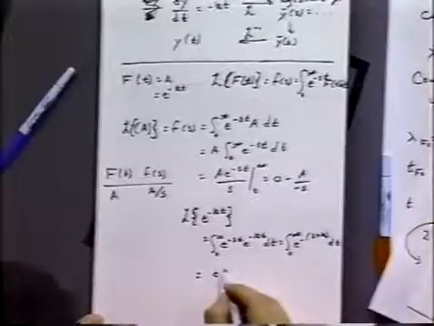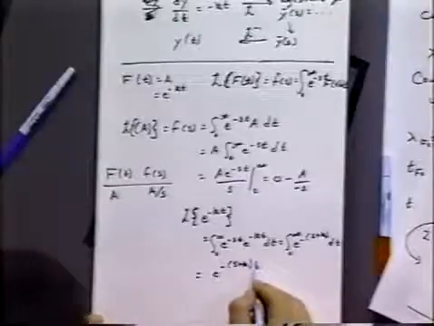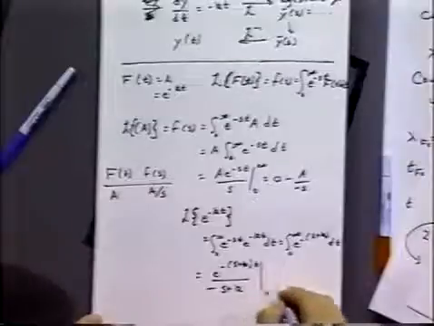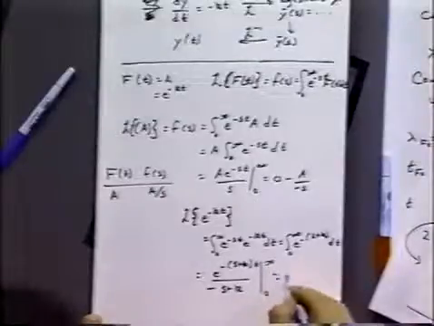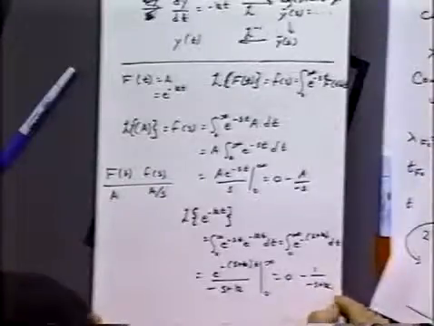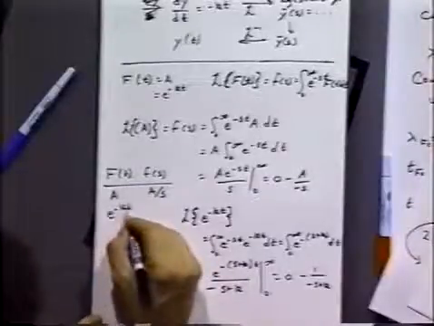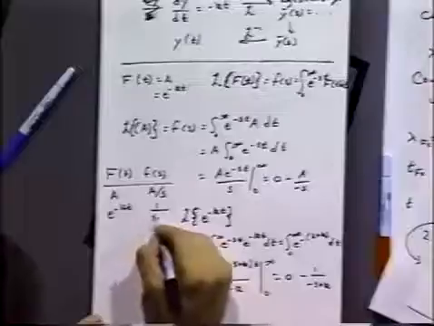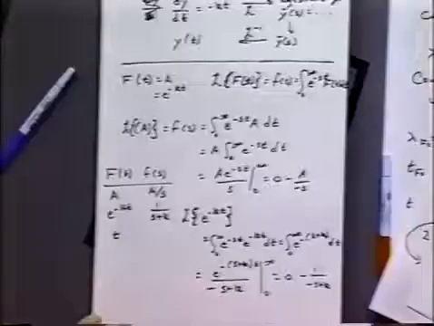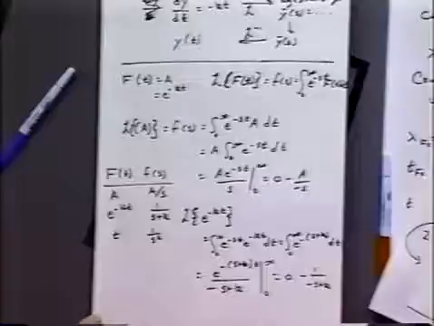After we do the integral, we find that that would be e to the minus (s plus k)t over minus (s plus k), and then we evaluate that again from 0 to infinity. Minus this would be the result. In other words, e to the minus kt is equal to 1 over s plus k in Laplace space. A function of t, if it's t, would just be equal to 1 over s squared.